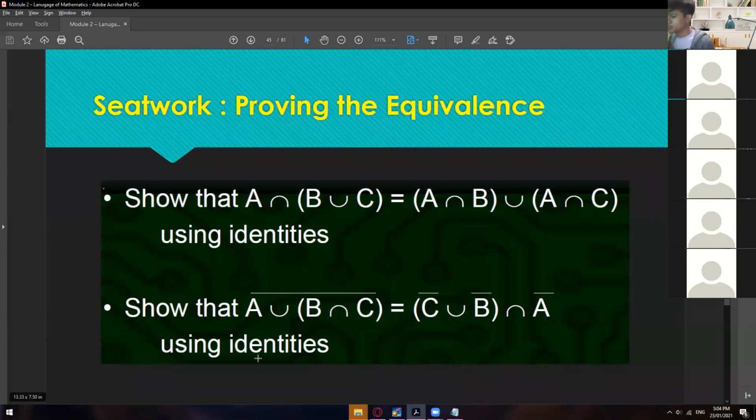So any questions so far regarding the sit rate? Question or clarification? Sir, pwede po i-scan? Scan? Yes, sir.